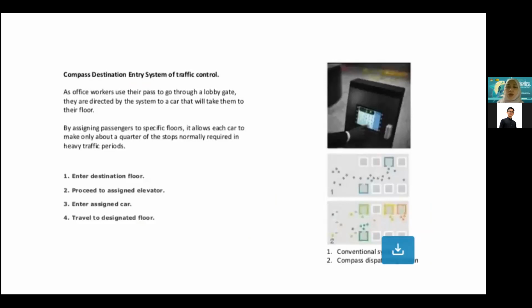And how to control that is why there is a need for a building integrated system, because for lift entry and traffic control, they need the building system. How to assign the car to travel to a designated floor, meaning those who only come at ground floor level have to exchange lifts to go to the parking area.